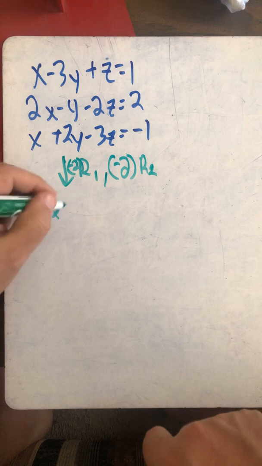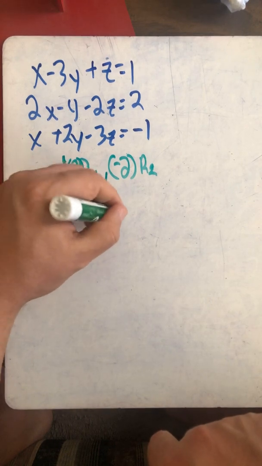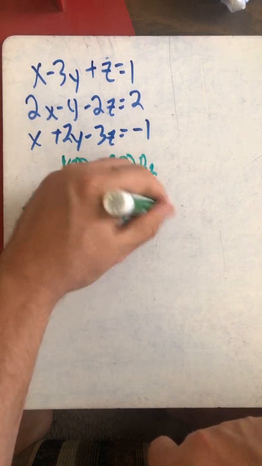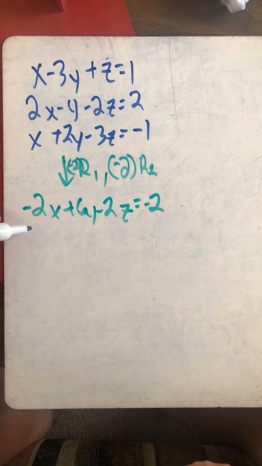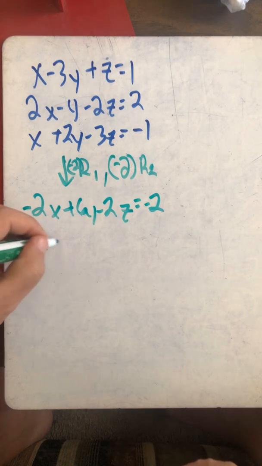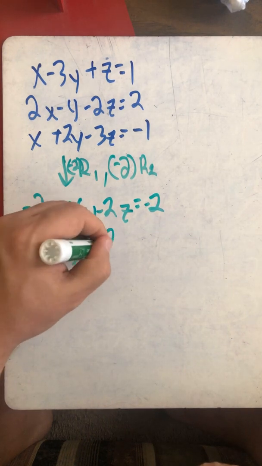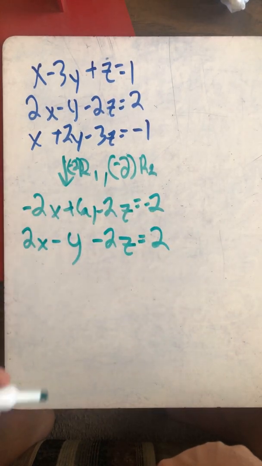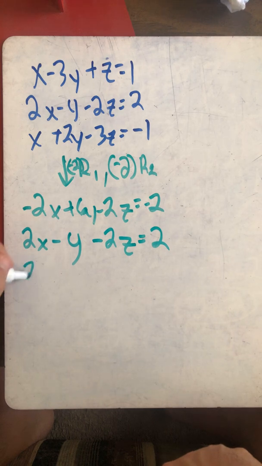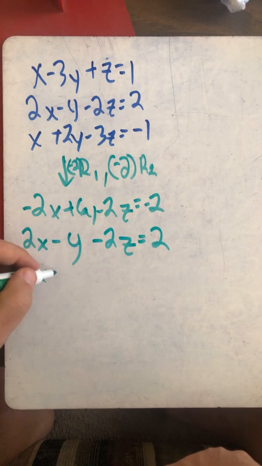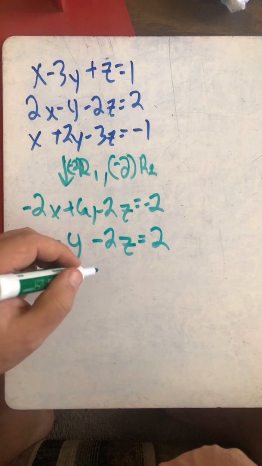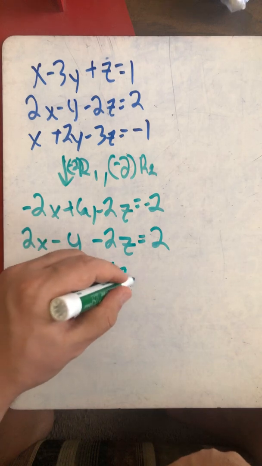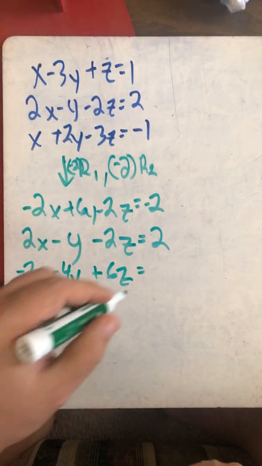So -2x plus 6y minus 2z equals -2. Middle row stays the same. 2x minus y minus 2z equals 2. Bottom one times -2. -2x minus 4y plus 6z equals 2.